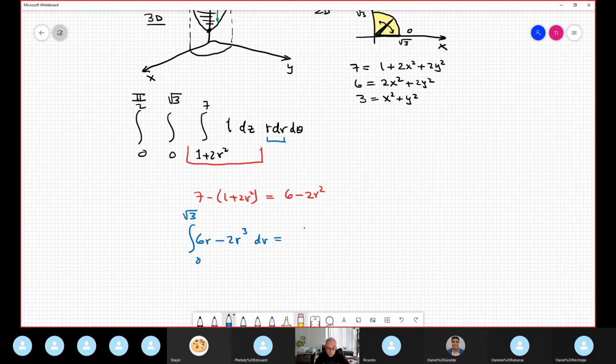The antiderivative is 6r squared over 2 minus 2r to the 4 divided by 4, evaluated between 0 and radical 3.